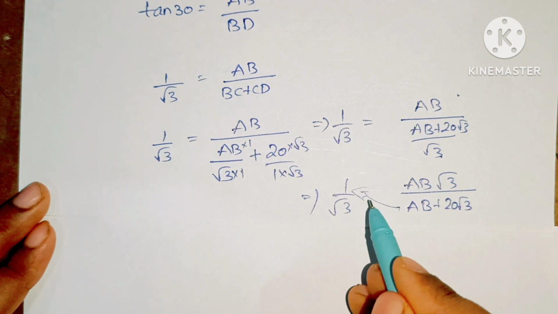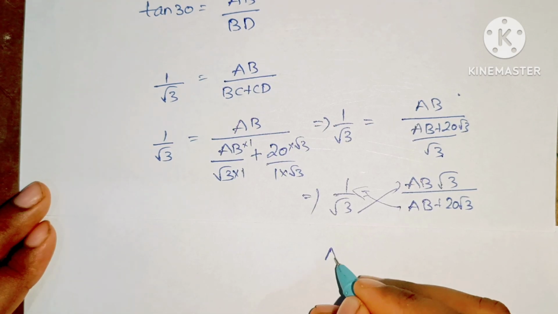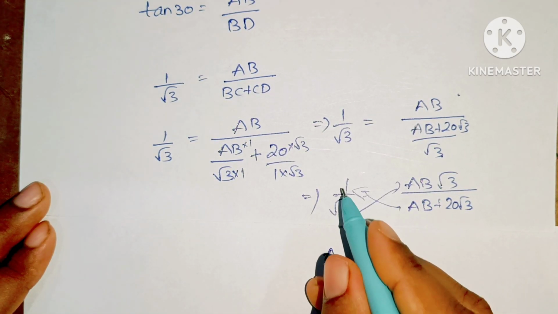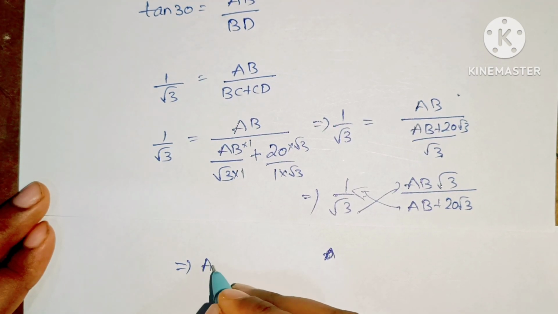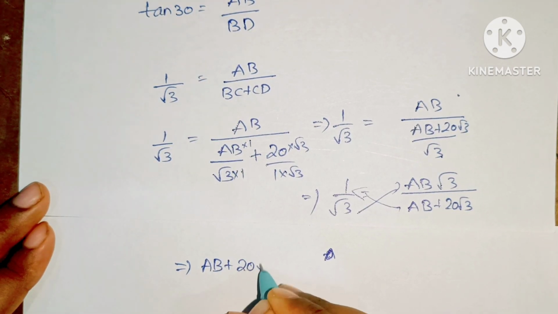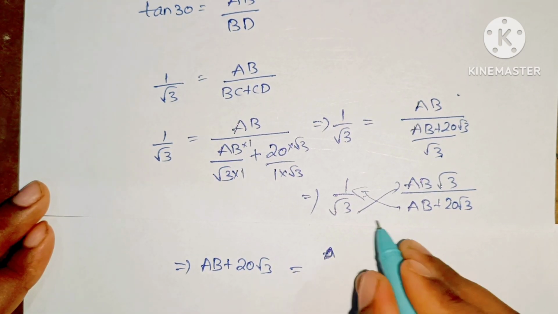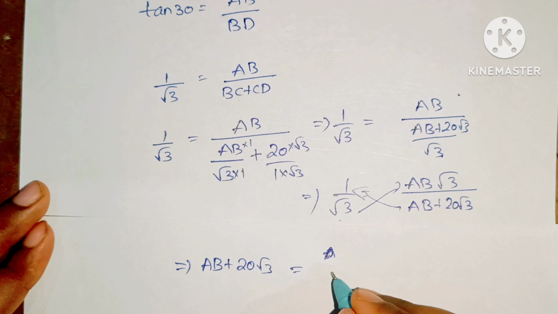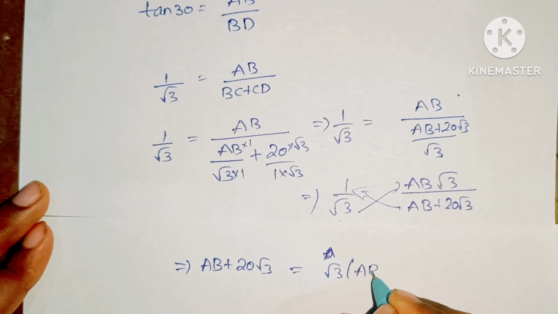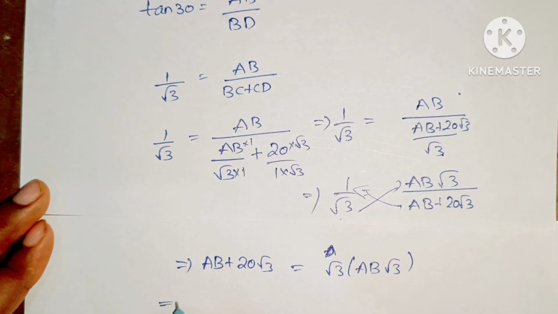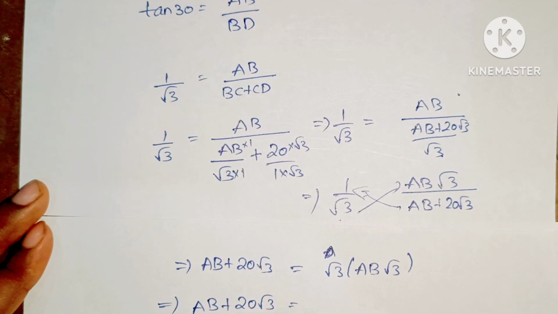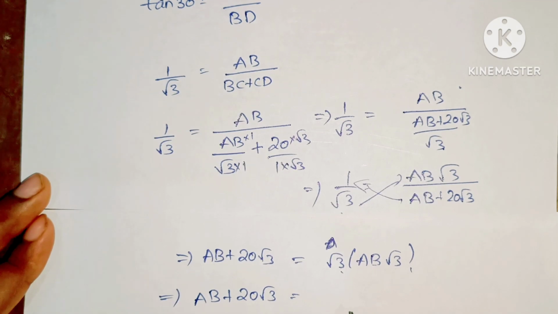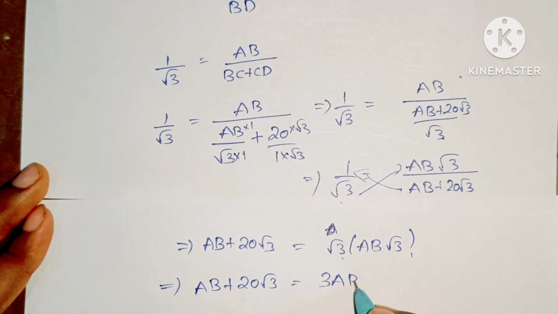Now cross multiplication. Then AB plus 20 root 3 into 1 means AB plus 20 root 3 equal to root 3 into AB root 3. Root 3 into root 3 is 3, that means 3 AB.